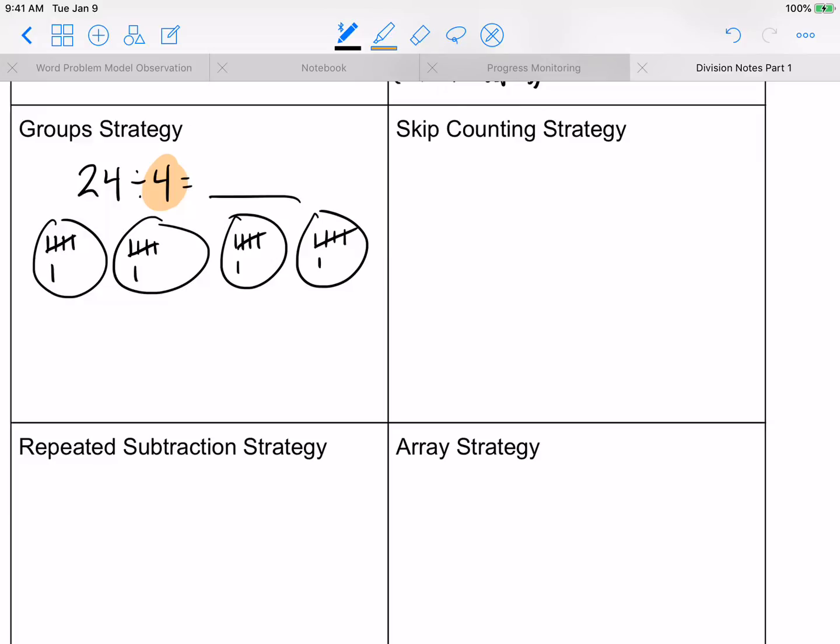Now, we're going to make sure our groups are all equal. So I'm looking at this one. There's 6 there. 6, 6, and 6. In third grade, if the number of groups are different, then you've done something wrong. All of our groups will still be equal.